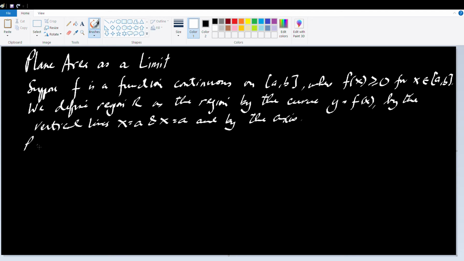So our problem is how to find the area A of region R.